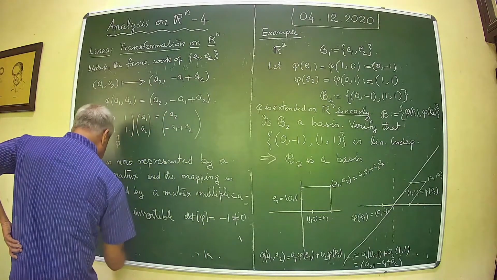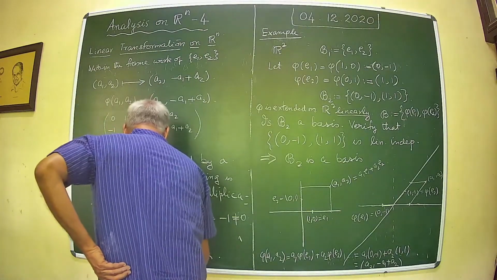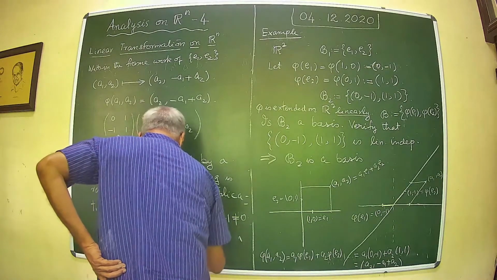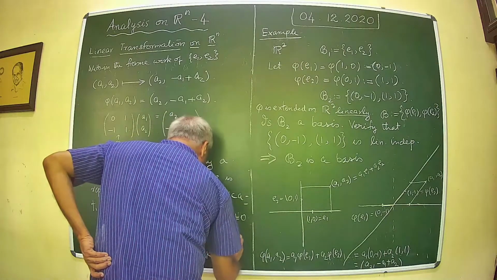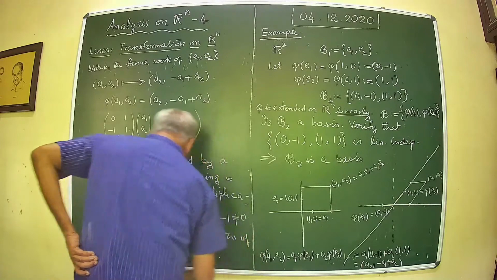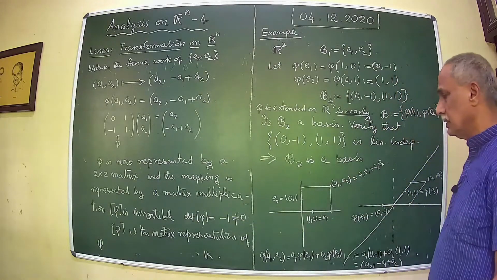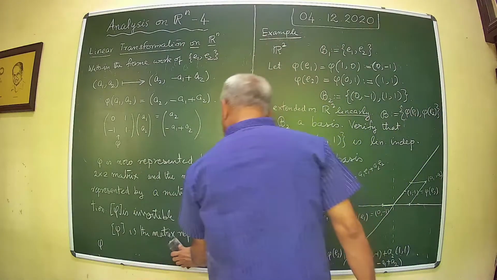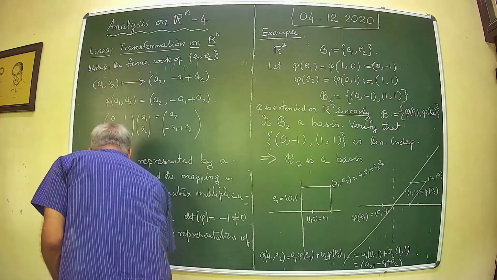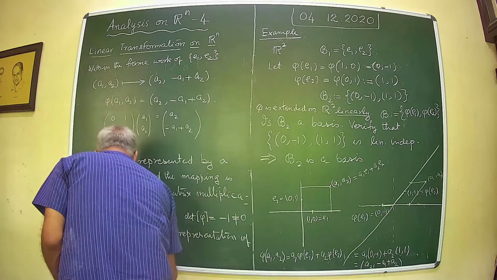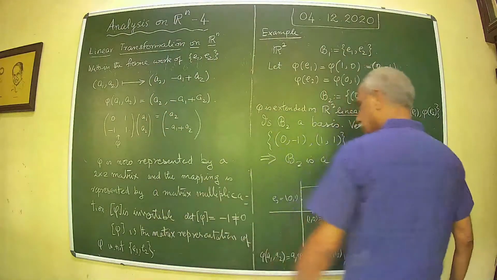The phi is the matrix, phi is a matrix representation of phi with respect to the basis E1. So everything discussed in the framework of E1 and E2, this is the matrix representation.